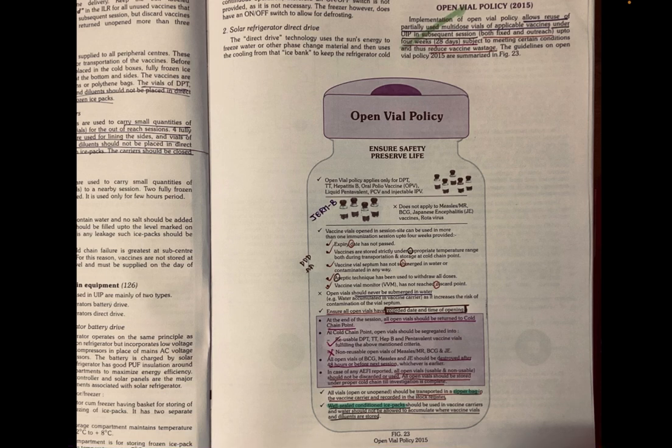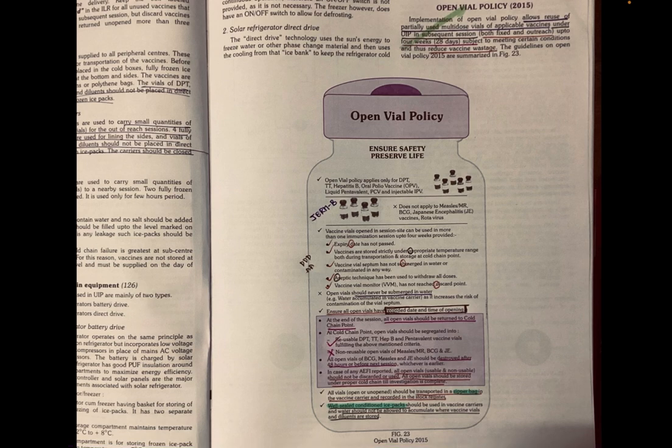To summarize, open vial policy is nothing but applicable vaccines being reused again if maintained under proper conditions. Why do we use it? To reduce vaccine wastage. This point is important. What are the conditions? DDDAA. The expiry date should not be passed, the discard point should not be reached, and it should not be dipped in water. Appropriate temperature must be maintained.